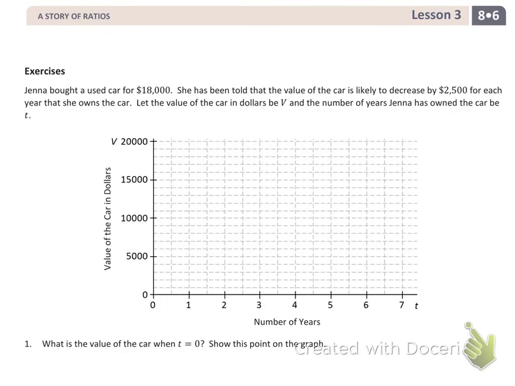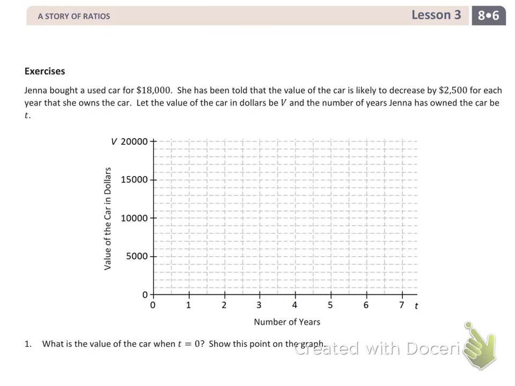I want you to notice the scales on the graph, okay? Again, notice number of years on the horizontal axis is the variable t is going to stand for that. And value of the car in dollars is on the vertical axis. And it has a very different scale, 5,000, 10,000, and so on.